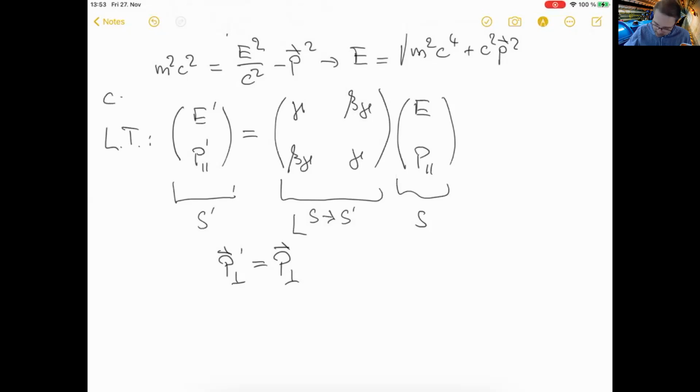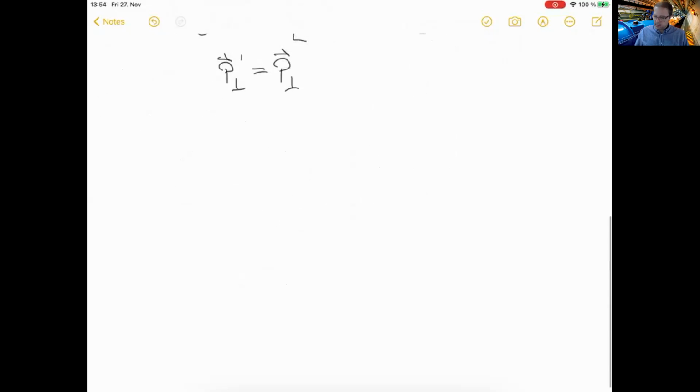You realize that I already put c equal to 1. Okay. Let's now do a calculation that we have begun last time. Let's compute the center of mass energy of two colliding particles, for example, in a beam.